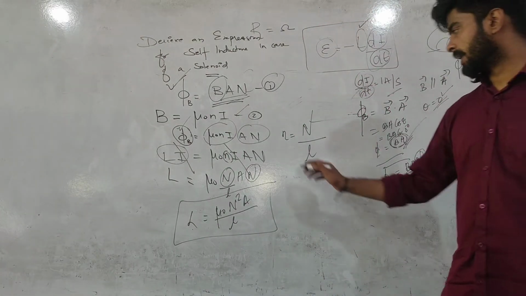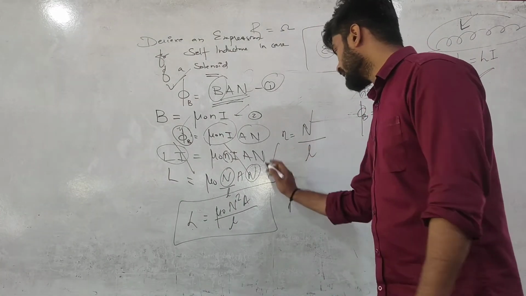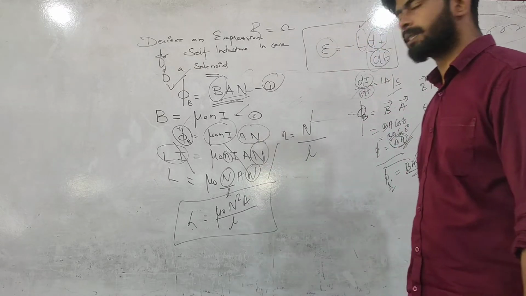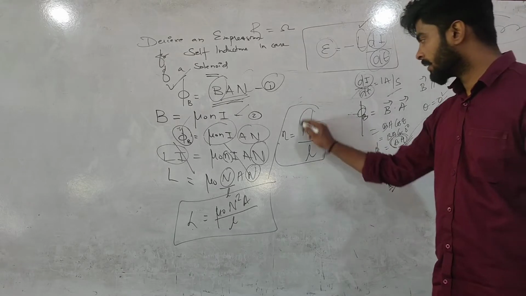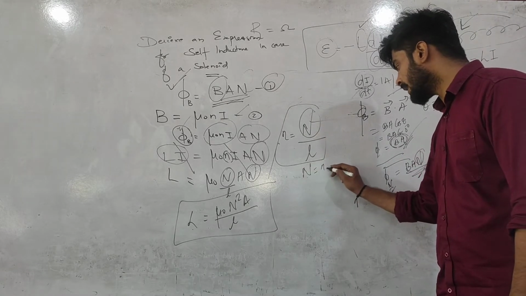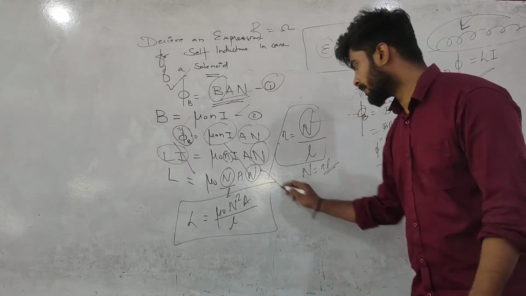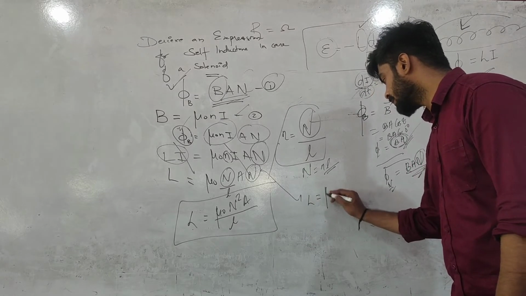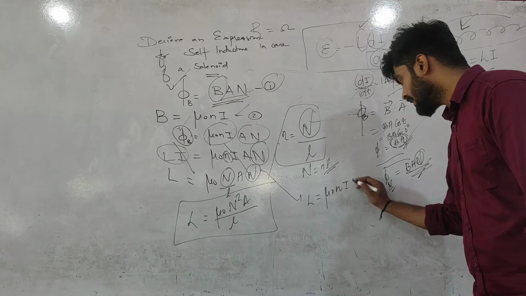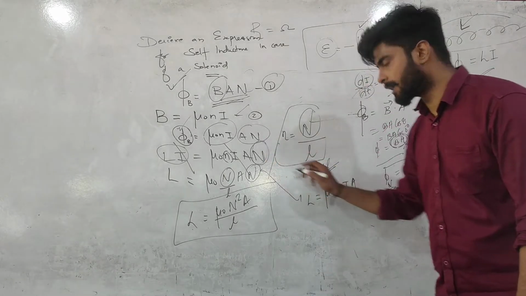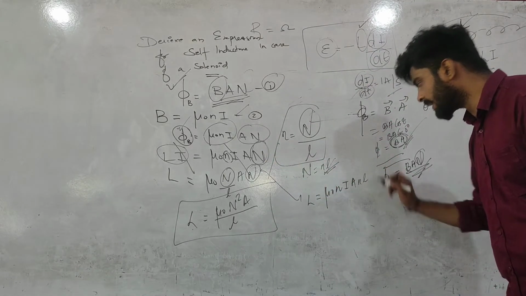Clear? Or else you can write like this. What can you give in place of capital N? Capital N is small n into l, right? So from here, you can write mu 0 small n I A, and in place of capital N you can substitute small n l.